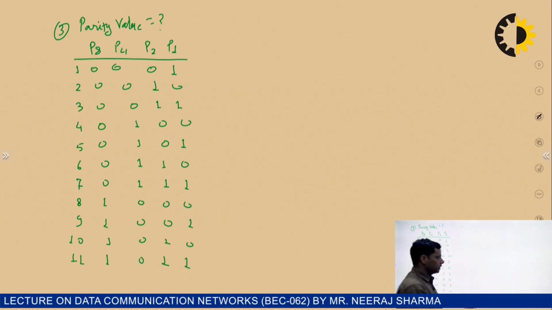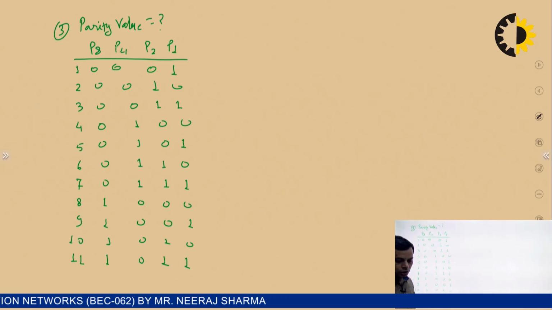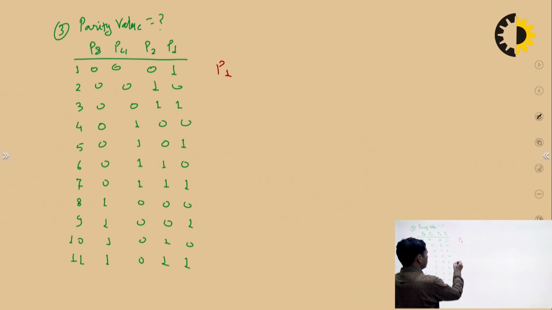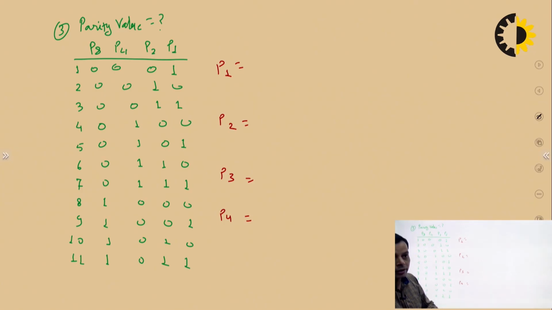After writing this, we have to trace the location. What is the value of P1? Let's say we write P1, P2, P3, P4 here. Along with the location of P1, in this column of P1 we have to find the positions where the bit is 1.